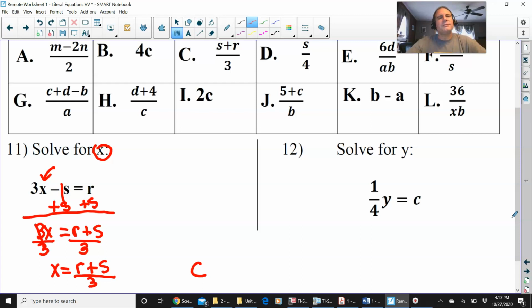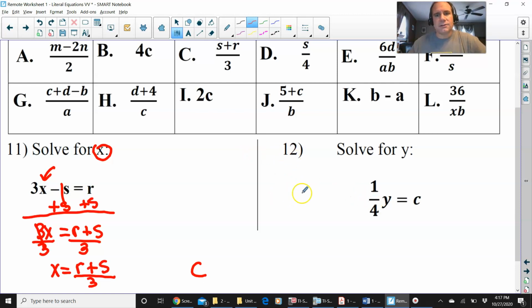Oh, number 12. To get rid of a fraction, multiply by the reciprocal, right? Or you could divide by the coefficient. We ask you to multiply by the reciprocal because it's usually a faster way of doing things, but you could still just divide.